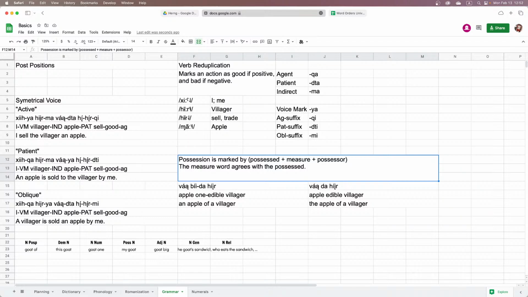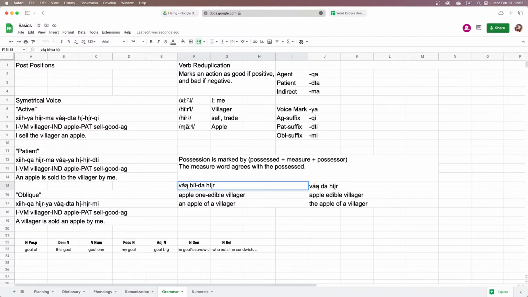I mean, we could mark the possessor as well, by adding, like, a little e, but then that'd be inflectional.